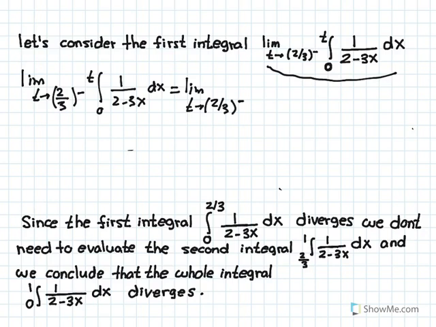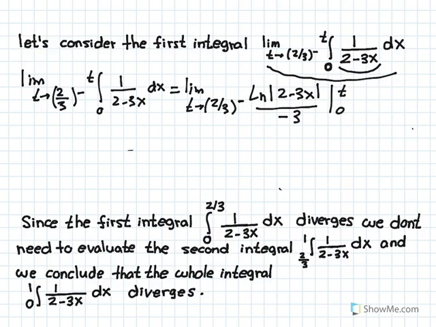And what is the antiderivative of 1 over 2 minus 3x? That's going to be log of 2 minus 3x divided by -3 because of the u substitution. Integrate from 0 to t.